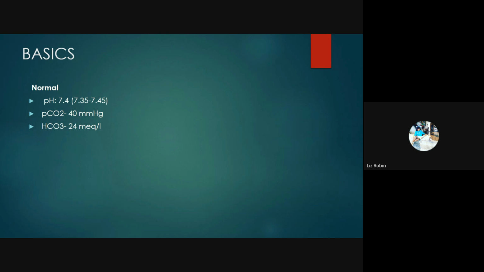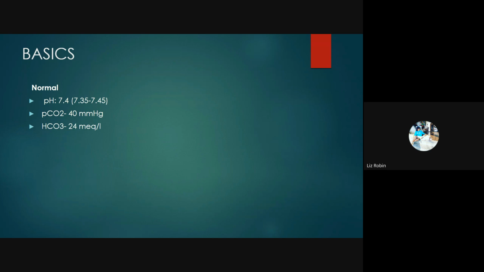Today we'll be playing around with these values: pH, PCO2, and bicarb. These three values are what we'll be taking into reference. What is exactly a normal pH? We will be taking it as 7.4, with a range from 7.35 to 7.45. PCO2 is nothing but the partial pressure of carbon dioxide in the blood.